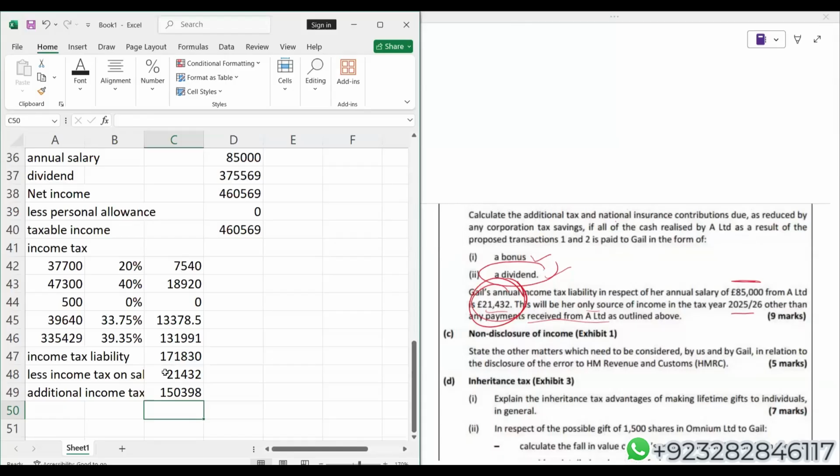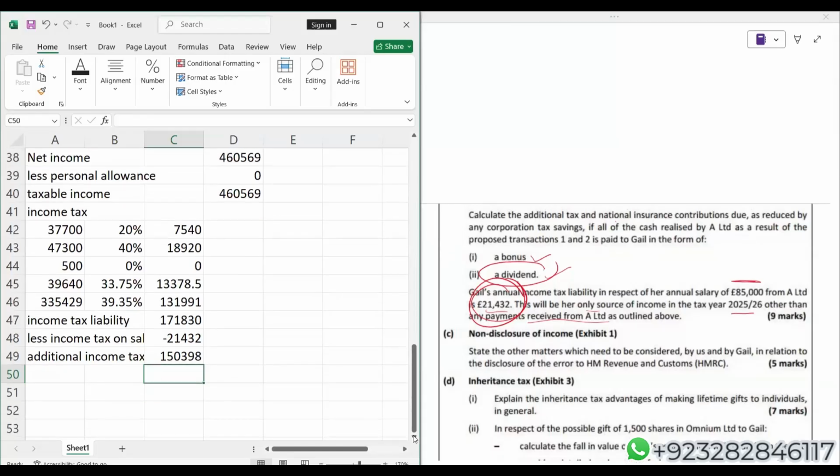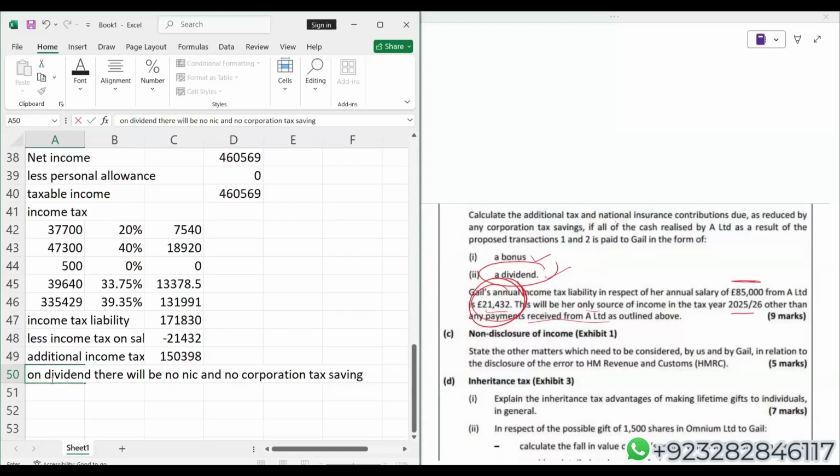Can I say there will be no NIC? But you have to mention that. On dividend, there will be no NIC and no corporation tax savings. So that is all about B.